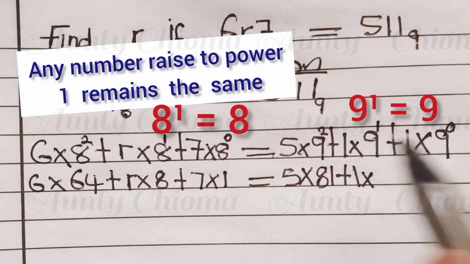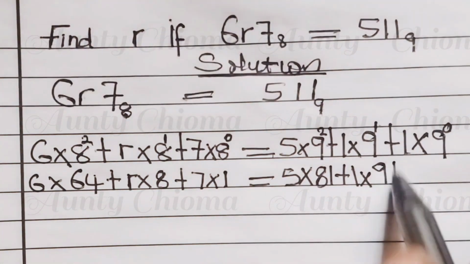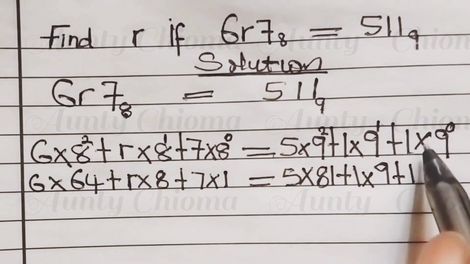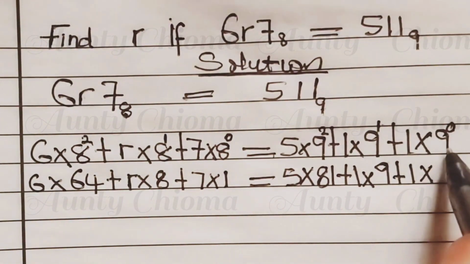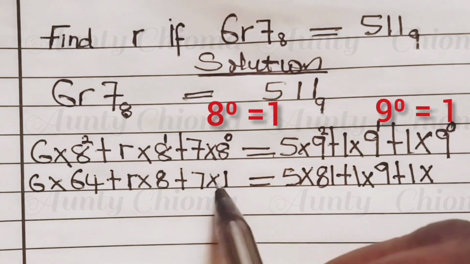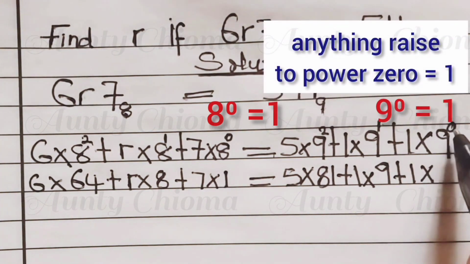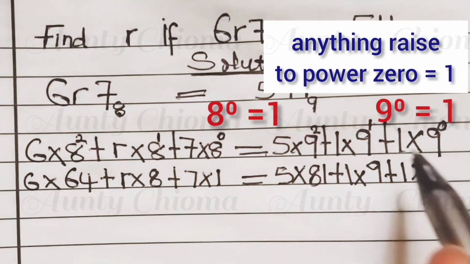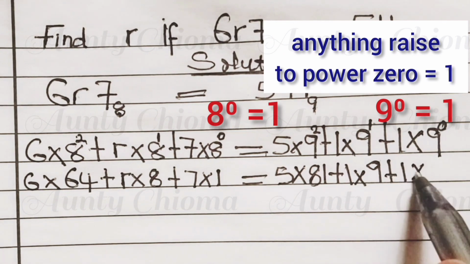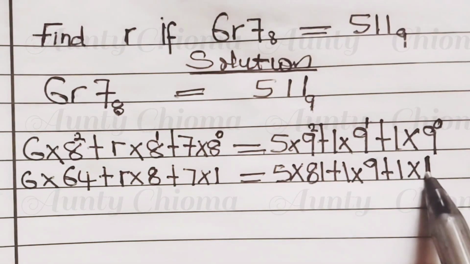Put the plus, write 1 times 9 raised to power 0, just like here. 8 raised to power 0 is 1. 9 raised to power 0 will also be 1, because anything raised to power 0 is 1. So this will automatically become 1 times 1.